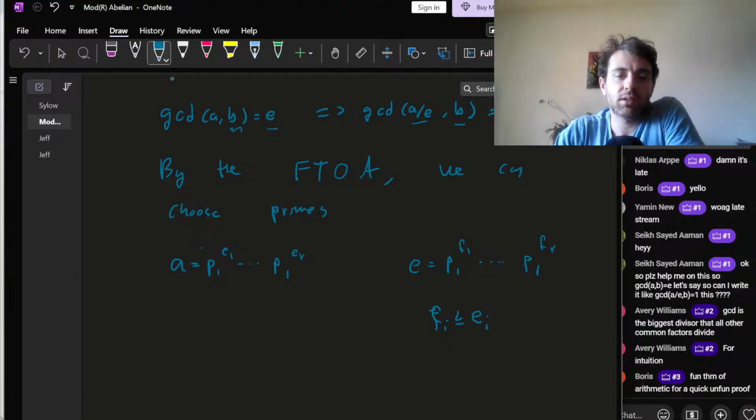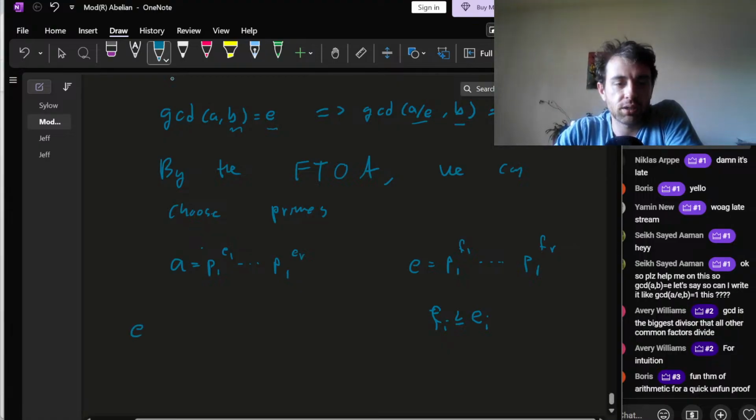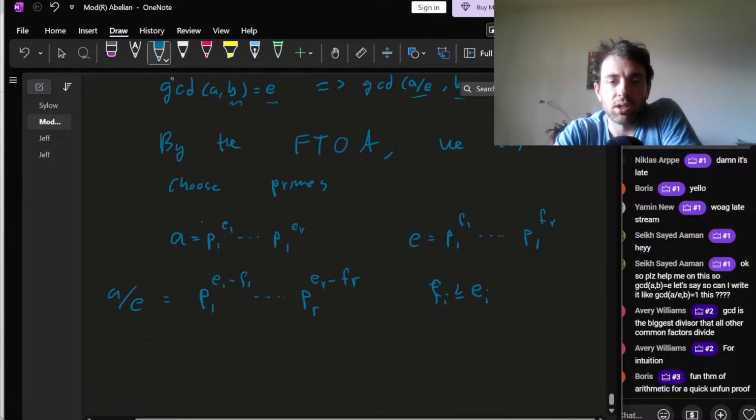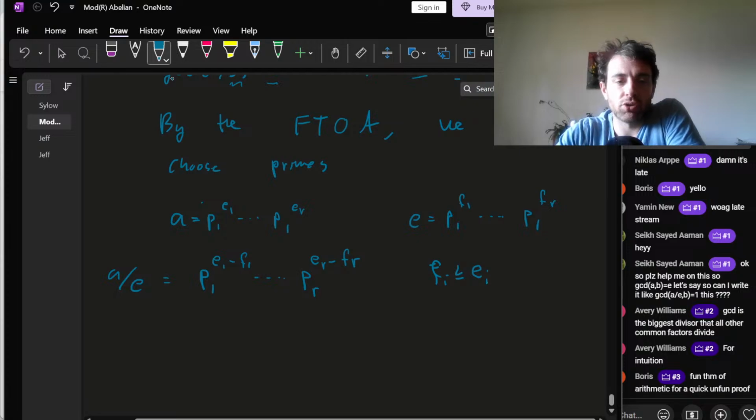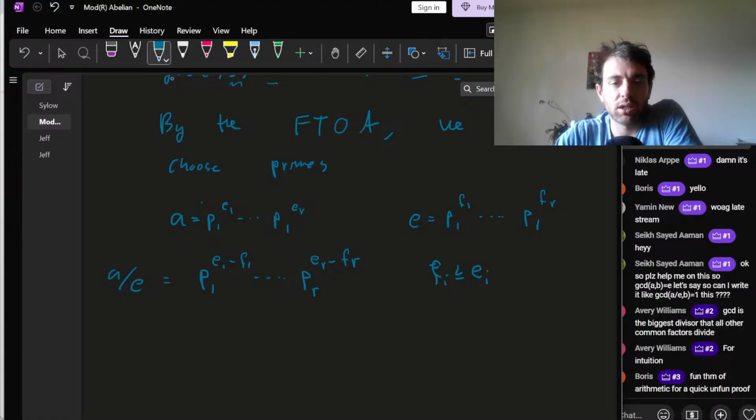And then the point is you need to assume, so A over E is then going to have a prime factorization of the following form.